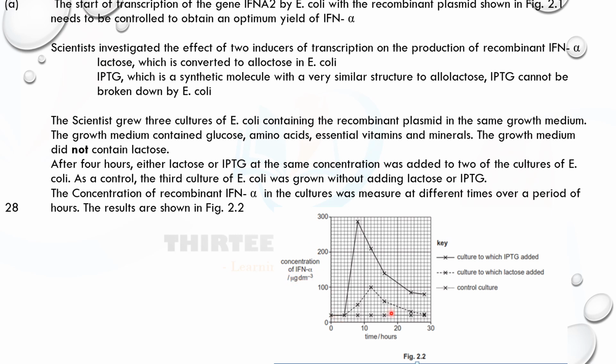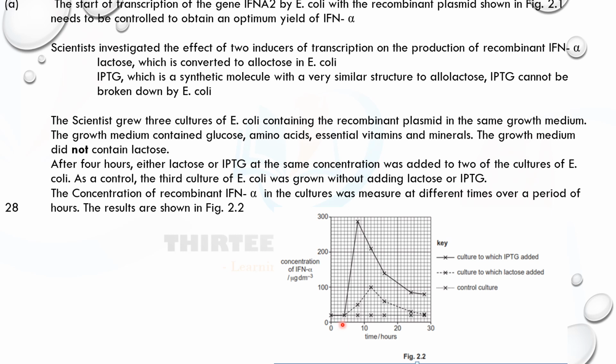Like I told you, anytime you're given a graph, the first thing you have to do is check the general trend and also check the value of one box. From here to there is 10 boxes, so 10 divided by 10 is 1 unit. From here to here is 10 boxes, 100 units, so 100 divided by 10 is 10 units. So one box is 10, while the other box is 1.